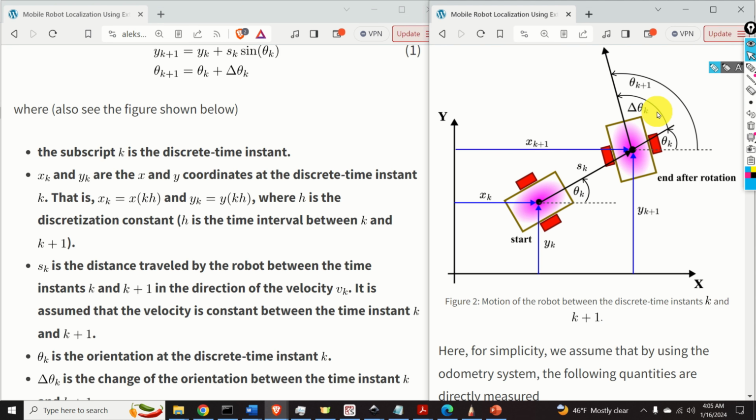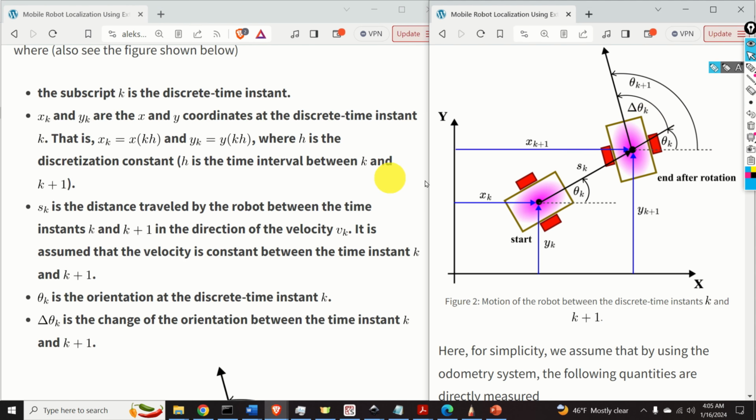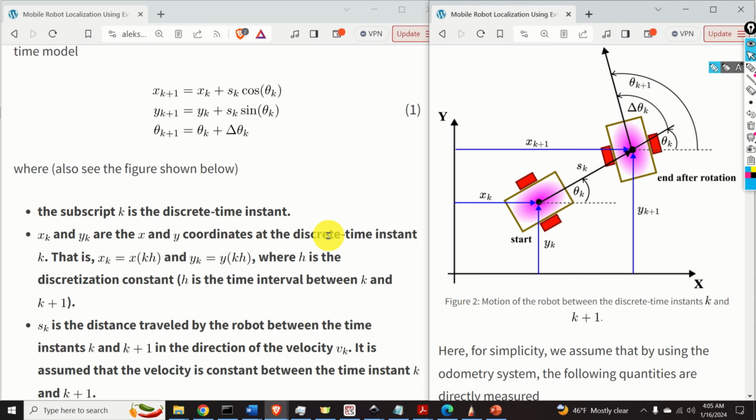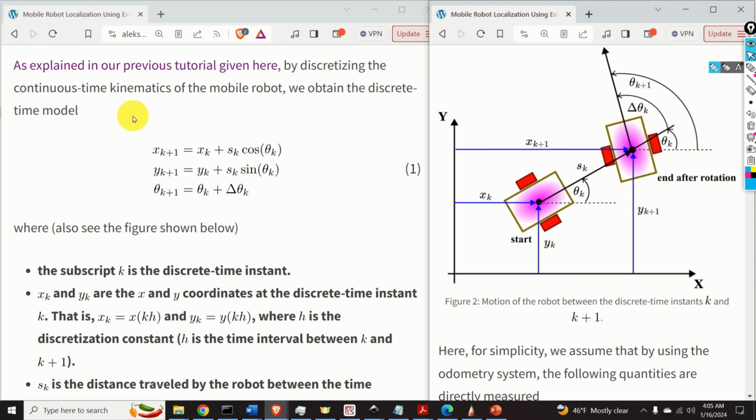Delta theta k is the change of the orientation between the discrete time instant k and the discrete time instant k plus 1. Theta k plus 1 is the orientation of the robot body at the discrete time instant k plus 1. The model given over here describes how xk, yk, and theta k change in time.